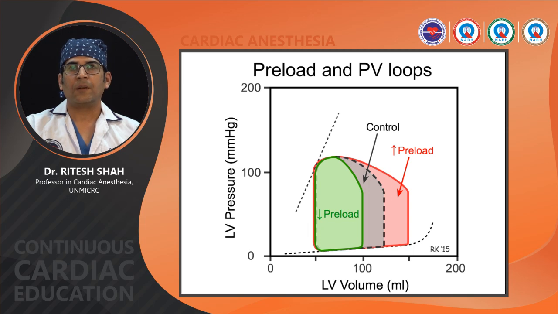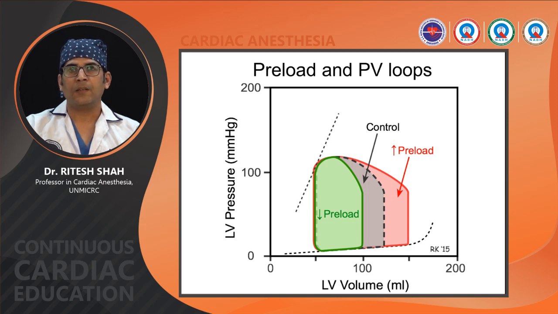So first, when afterload and contractility remain constant and we increase the preload by giving volume, as per the Frank-Starling law, because of the increase in the length of the fiber, stroke volume gets increased, and if preload is reduced, stroke volume gets reduced.